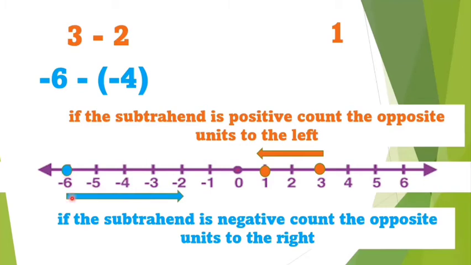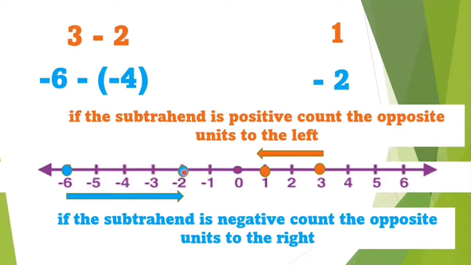Kasi opposite nga. Ayan. So, we have 4 units to count. From negative 6, we have 1, 2, 3, and 4. And that's make our answer or our difference equal to negative 2.